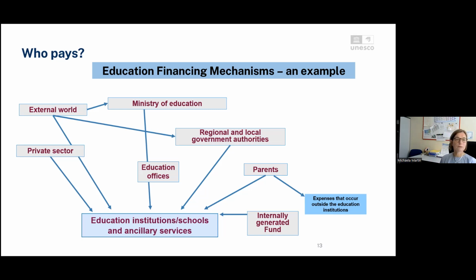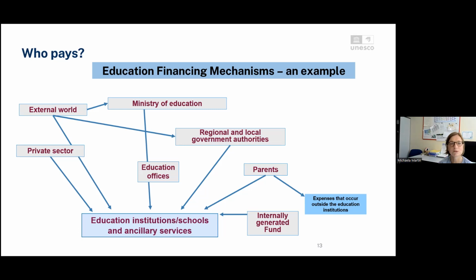We may also have internally generated funds at the school levels. Maybe they are raising fees. The parents are making direct contributions to the schools. And we may have the regional and local government authorities also making contributions to schools. So when we are making our analysis, we need to take into account all this.